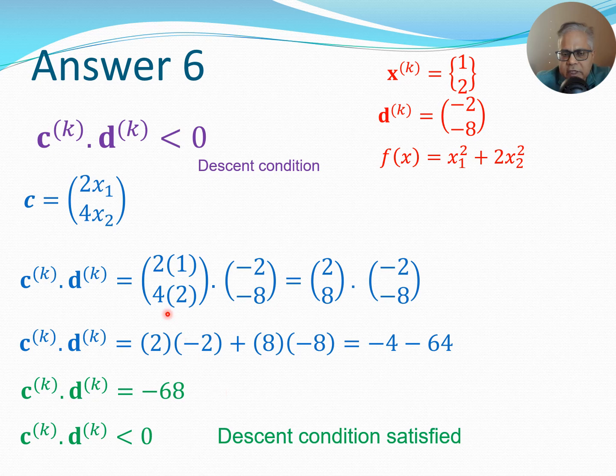Now, of course, this satisfies it generally also, because if I was to take dk is minus ck, I can see that minus ck dot ck would be negative. But you can see numerically also that it is being satisfied here. So this is the very important descent condition which we need to check anytime some optimization algorithm is being proposed by somebody.